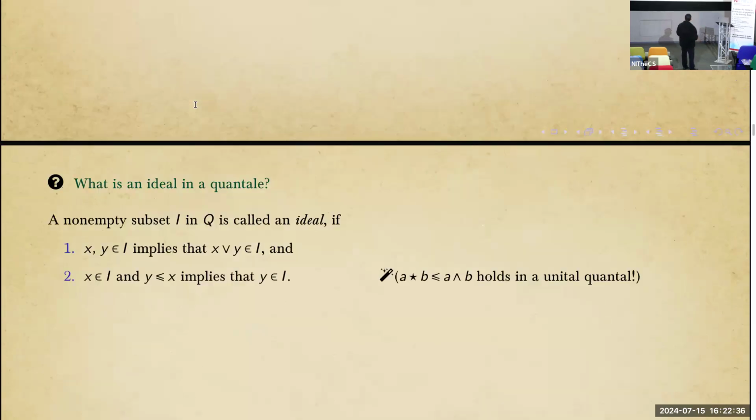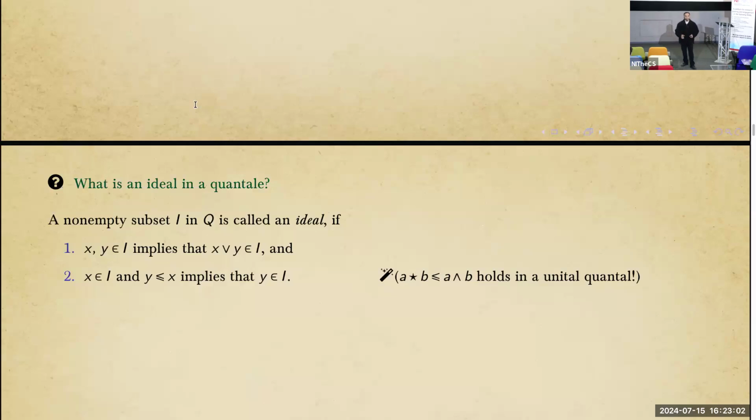The magic is happening because this inequality actually gives the product property: in ideals, we take an element from the ring and an element from the ideal, then take the product, and it is in the ideal. That property comes free because of this inequality. So that's why these two definitions of ideals, in a normal lattice and in a multiplicative lattice, coincide.